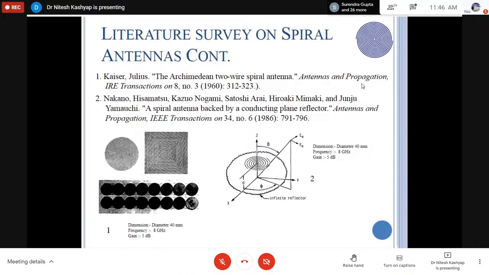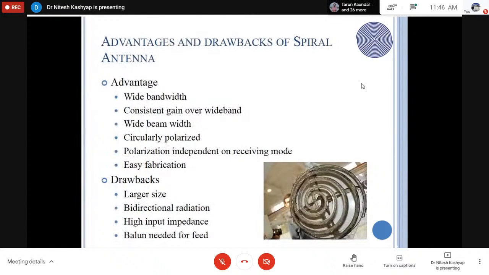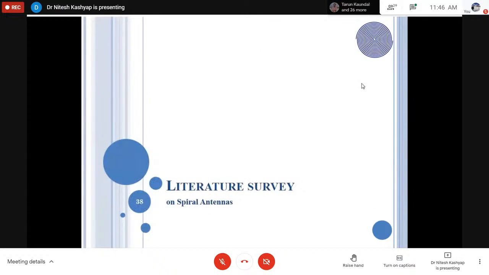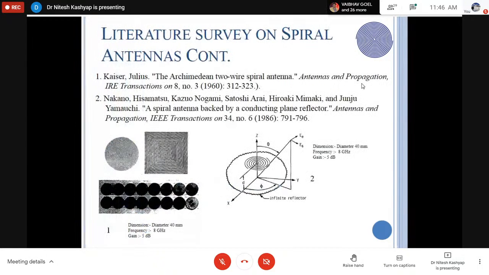So here I have shown some literature to introduce the literature related to the spiral antenna.